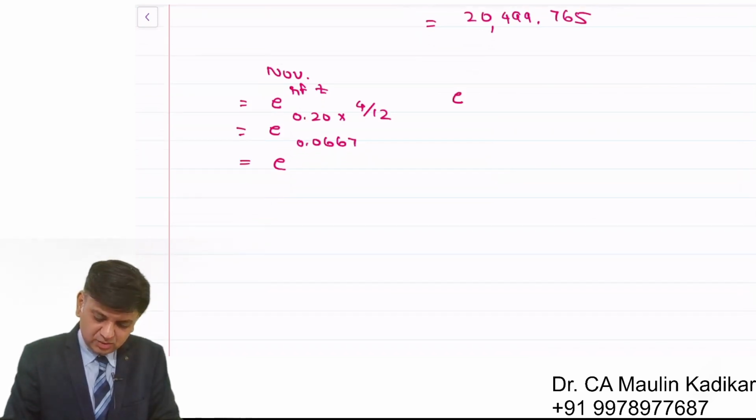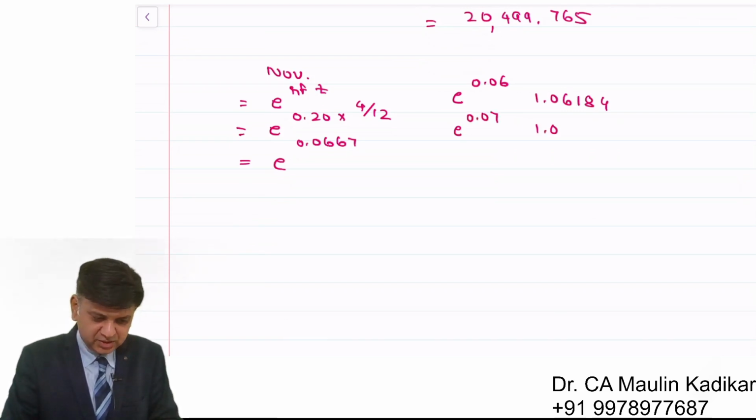So e raised to 0.06 value is given to us in the question as 1.06184. And e raised to 0.07, for that it is 1.07251.